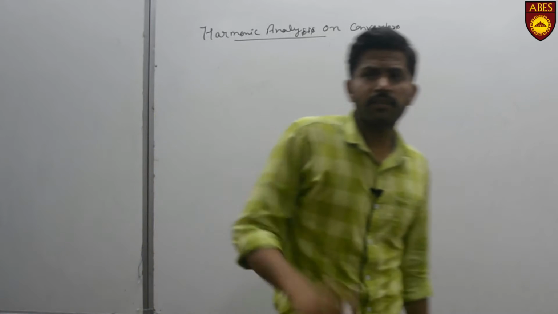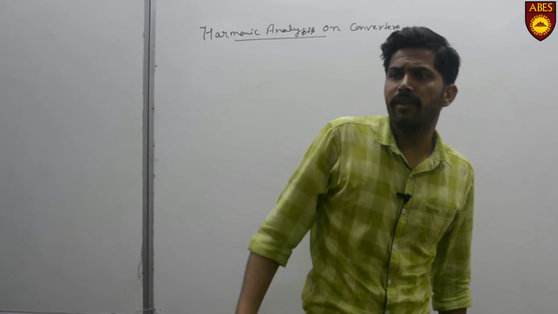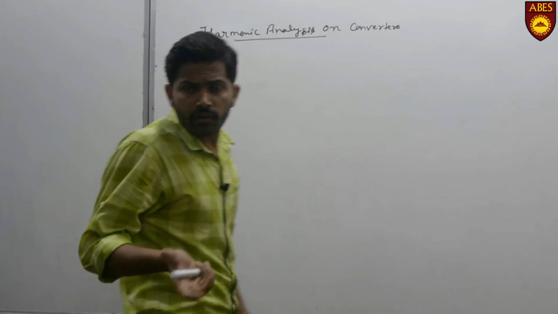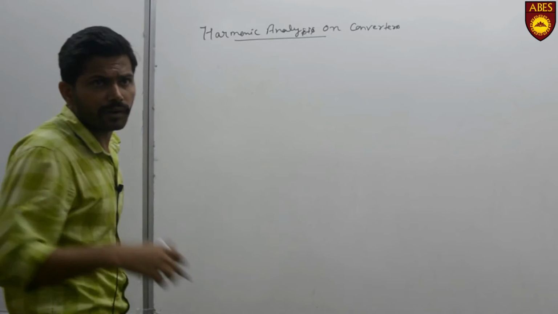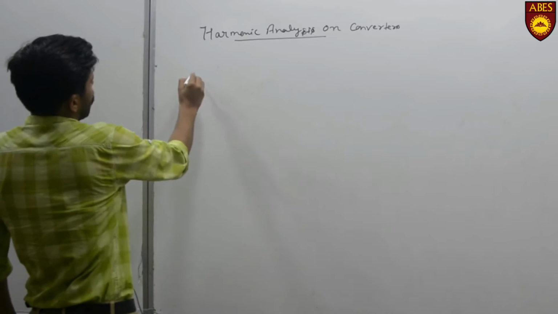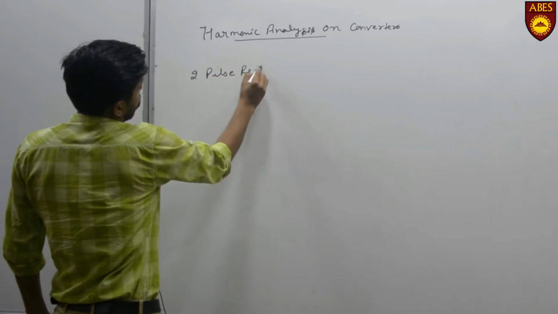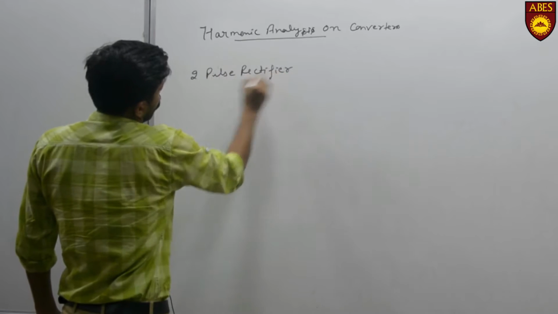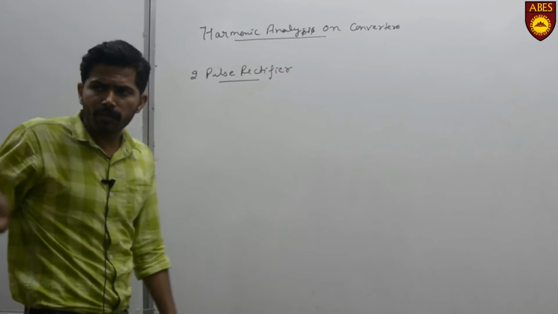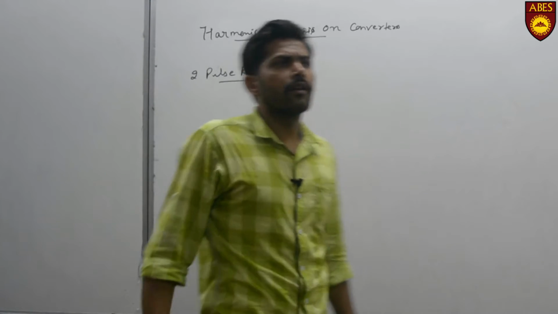In harmonic analysis of converters, I am going to explain first the harmonic analysis on the DC side of the converter. First I will take a 2-pulse rectifier, or simply a 2-pulse diode rectifier.